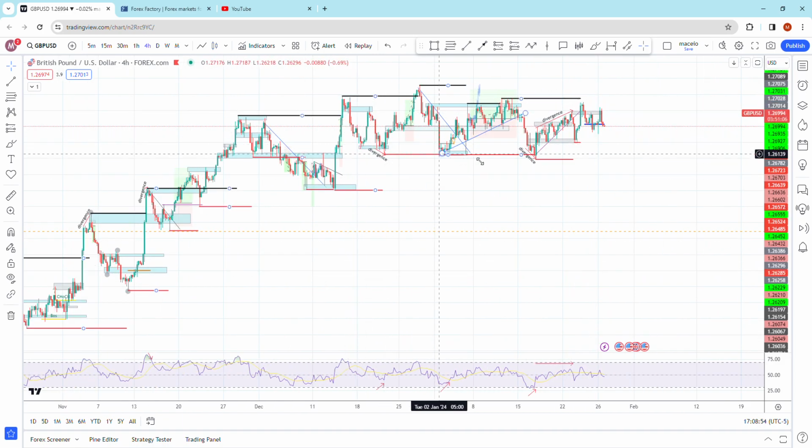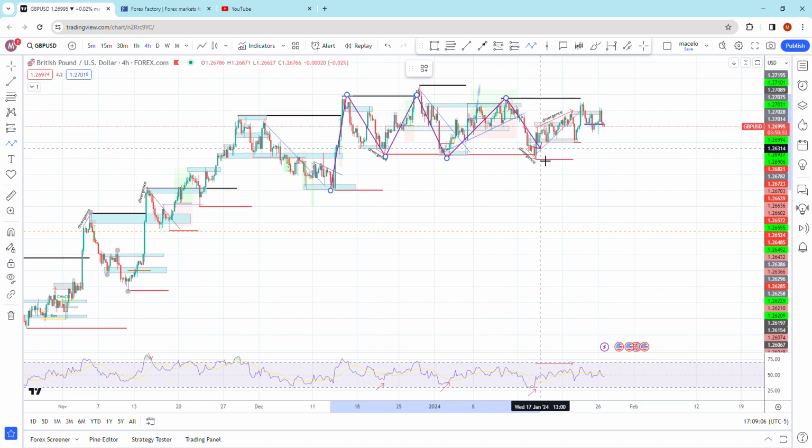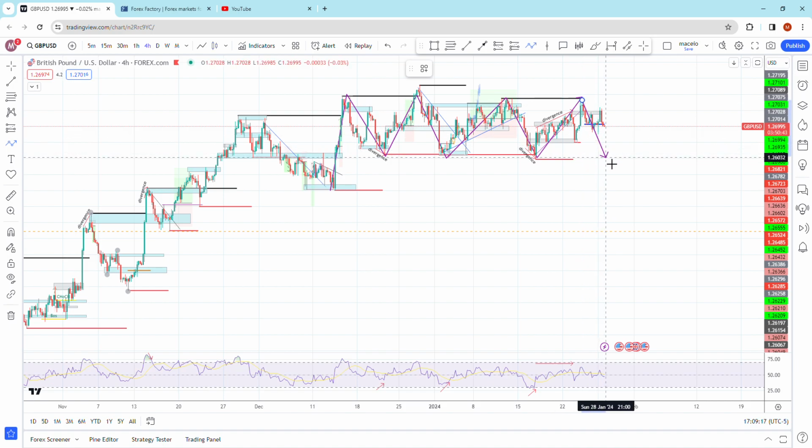Price made this high up here, came down, came here, came down, came here, came down. Price is back to these areas again. So what could potentially happen is price could try to come down to these areas once again.